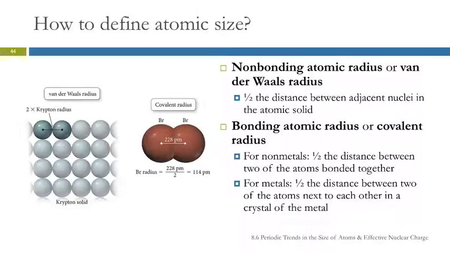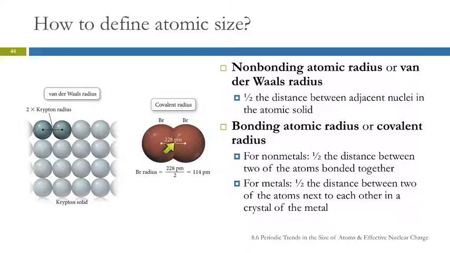That's one way. Another way to look at it is the bonding atomic radius, also called a covalent radius. So in a molecule of bromine, where the 2 bromine atoms are bonded together, again we're looking at the distance between the nuclei, and we're going to call the radius half the distance between those 2 nuclei.